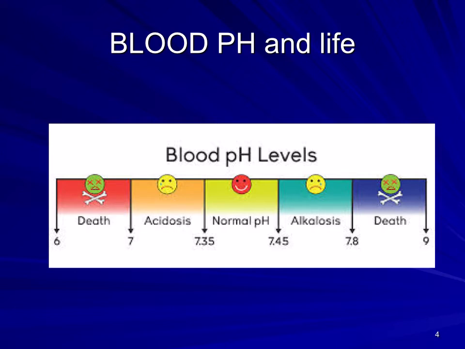Now, in normal circumstances, our body is made naturally to maintain this acid and base balance. The two organs which do this are lungs and kidneys. We just learned we have a gaseous exchange in our body during respiration.